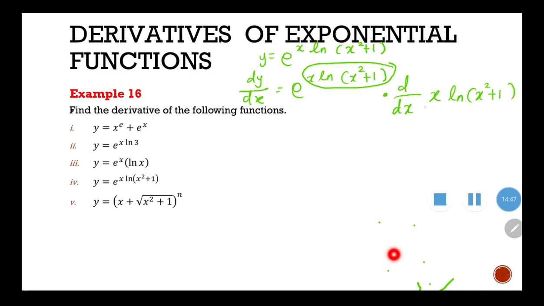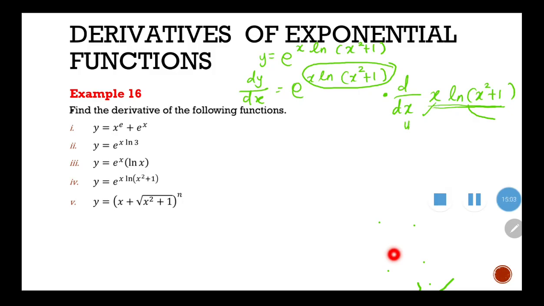Looking at this equation, there are two functions here, right? One is x and the other is ln(x square plus 1).